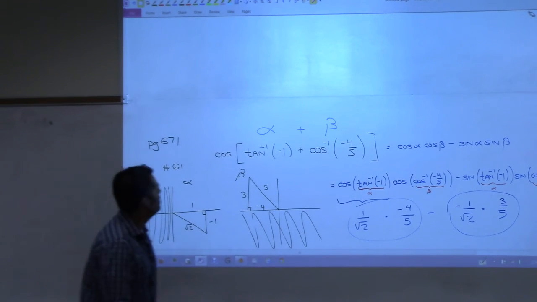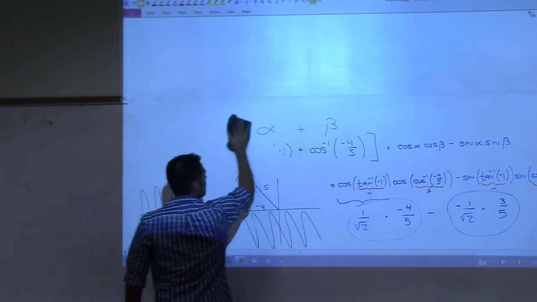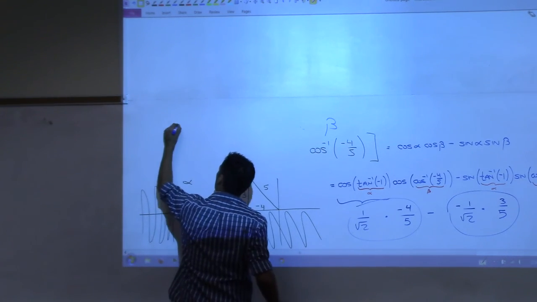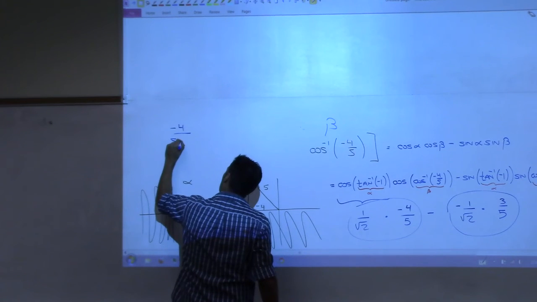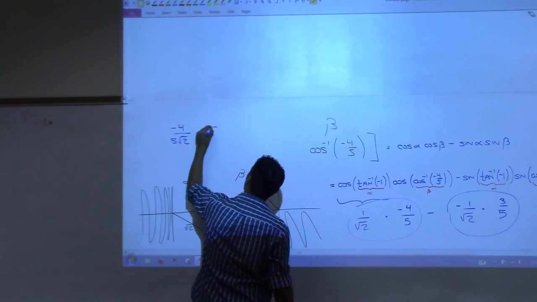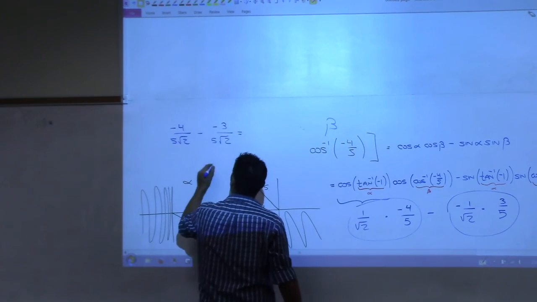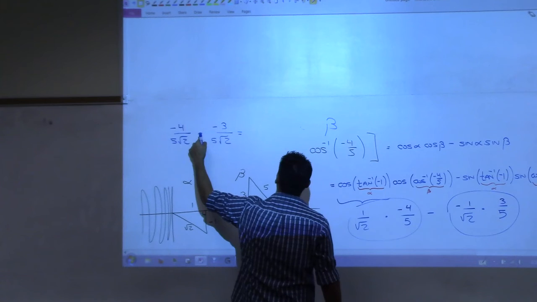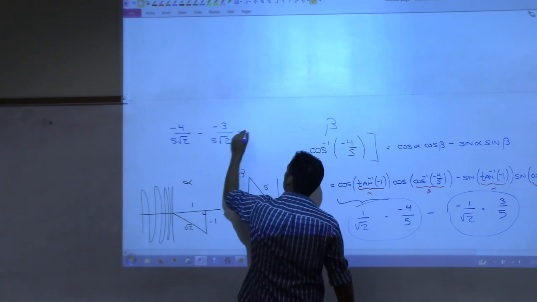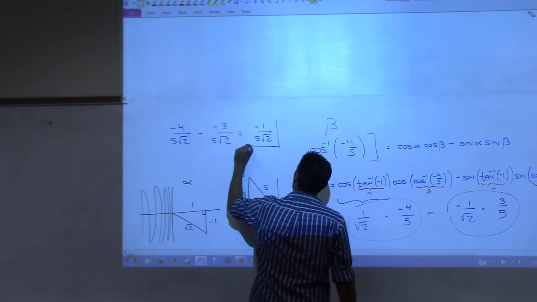So you have -4 over 5 root 2, minus -3 over 5 root 2, which is going to be minus and minus, will be plus, right? So -1 over 5 root 2. And that would be it.